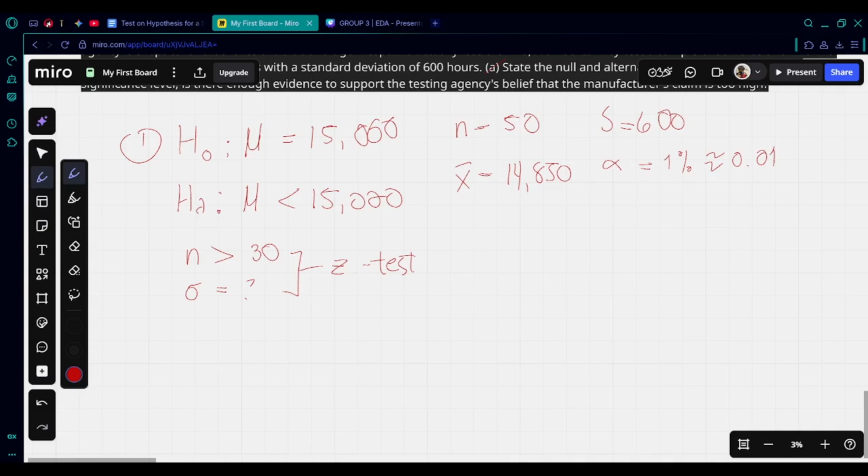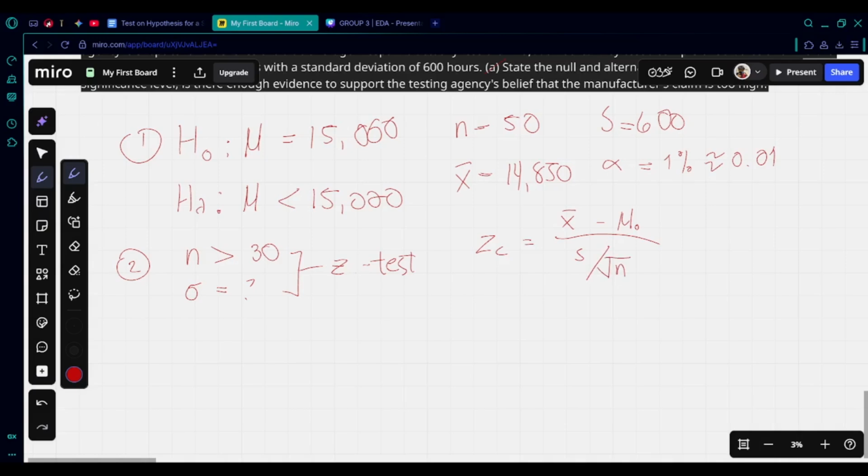Let us now compute for the test statistics. So this is step 2. By our formula of the z-test, the formula is equal to the sample mean minus the population mean over the standard deviation divided by the square root of our n.